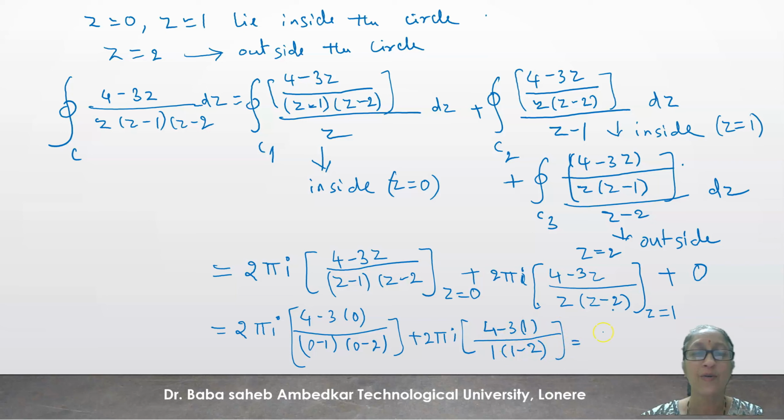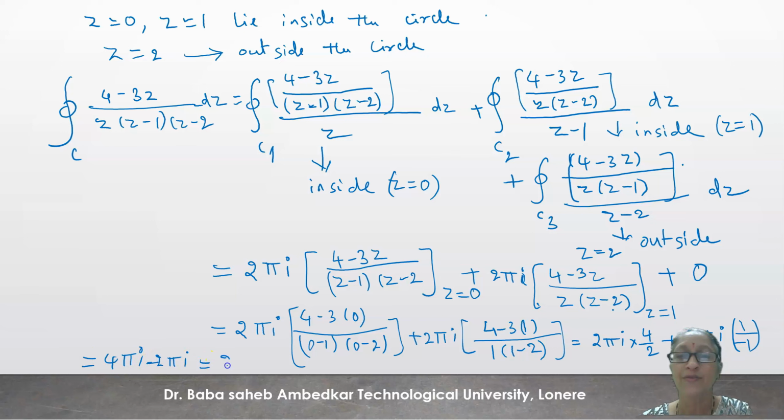So what do you get here? 2 pi I into 4 by 2, plus 2 pi I into 1 by minus 1, which is equal to 4 pi I minus 2 pi I, that gives 2 pi I, which is the solution of this integral.